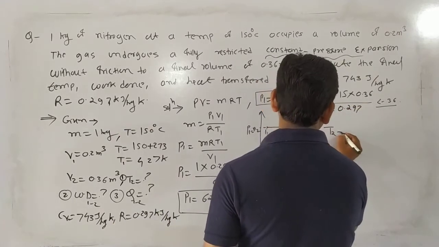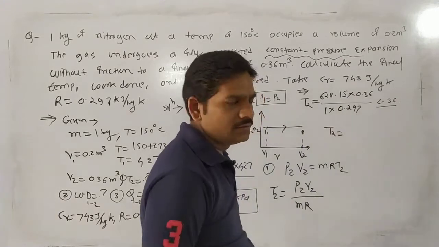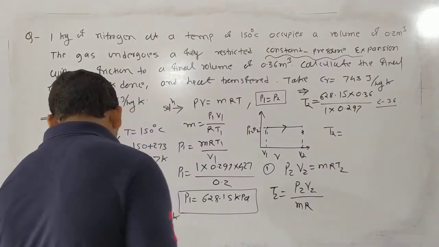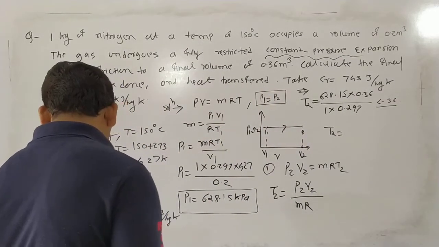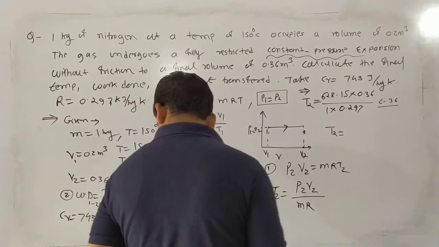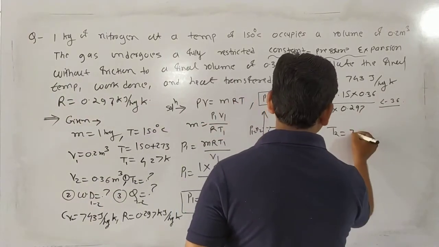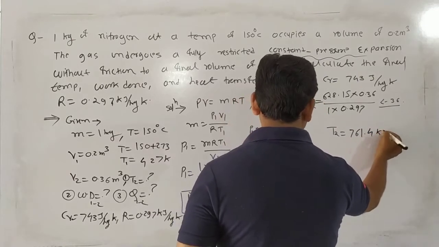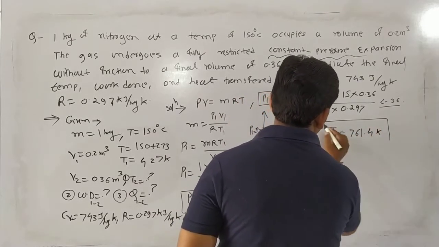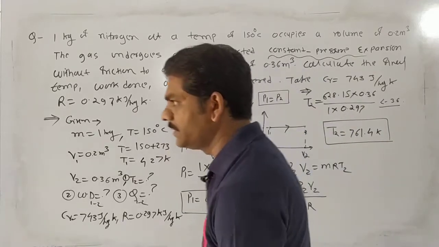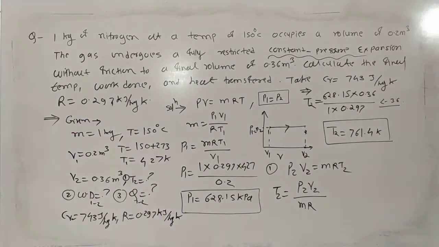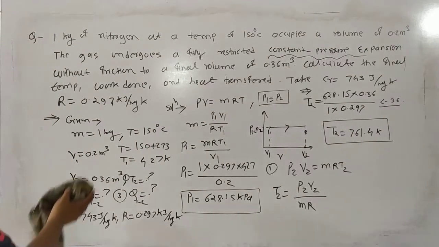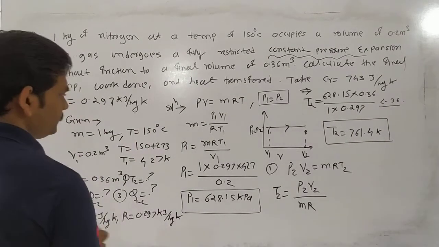Do the calculation on the calculator, and what is the value of T2? It is 764 Kelvin. Okay, this is the value of the final temperature T2. Now second, we require the work done. So I remove all these things here.